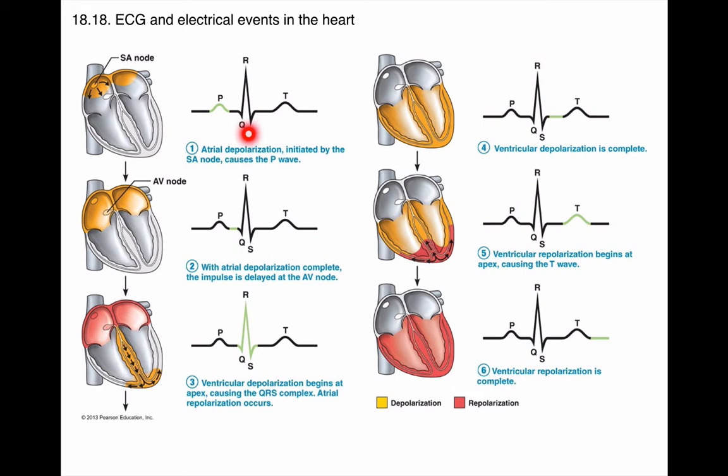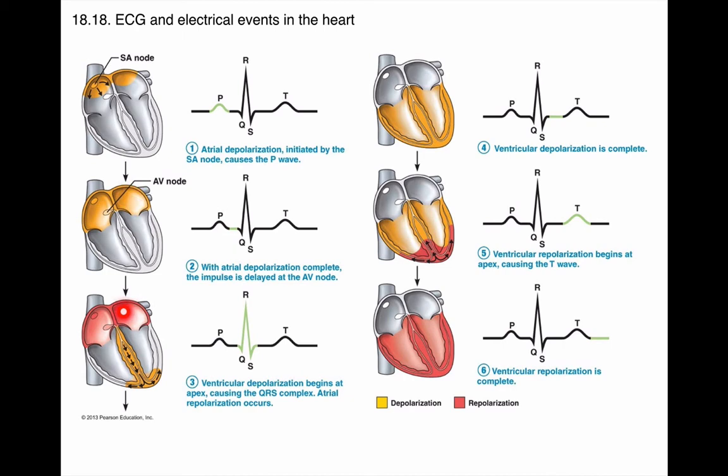First, during the P wave, the atrial depolarization starts at the SA node and then washes across the atrial myocardium. By the time it gets to the flat part before the Q deflection, you see the depolarization and contraction of all of the atria.